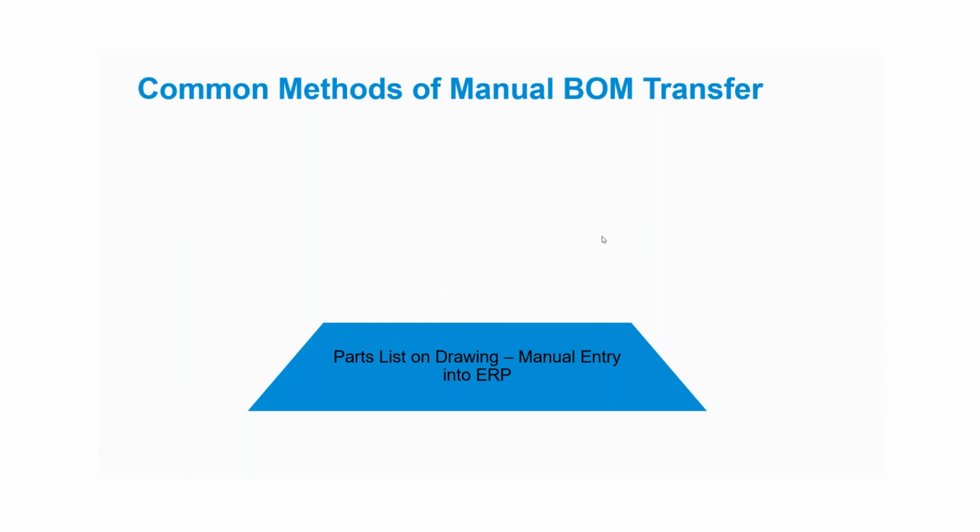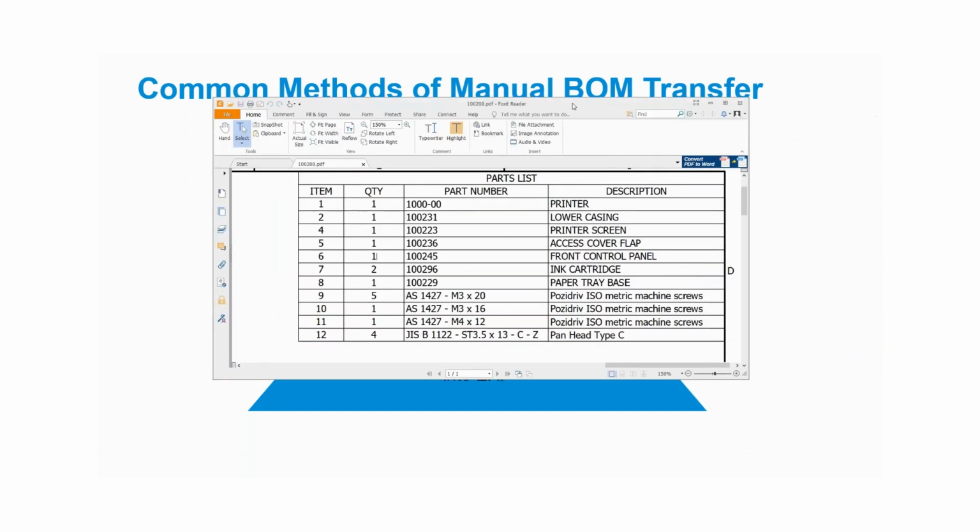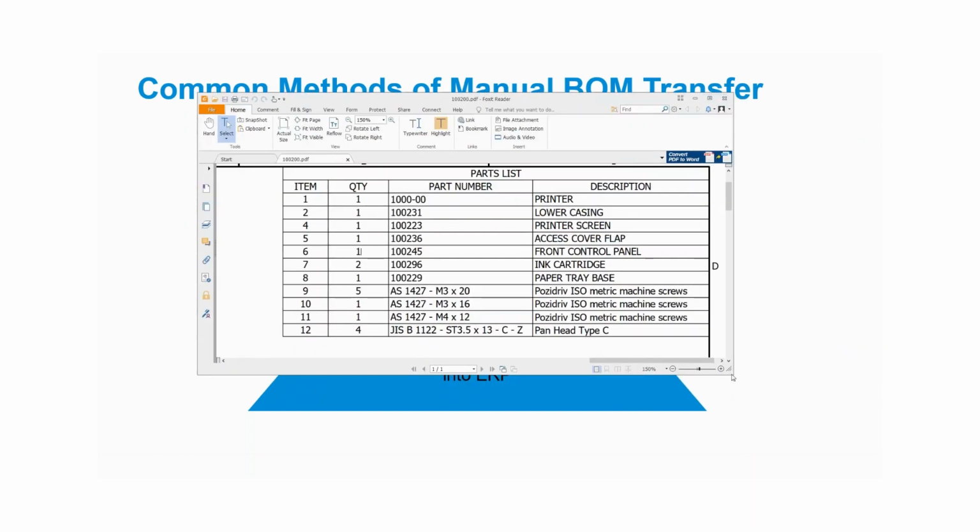So, manual methods of BOM transfer. I would say 5 to 10 years ago, this was by far the most common. I think it's getting less and less common today, but I think a lot of people still do it: you produce a drawing, there's a parts list on that drawing, and then someone goes through the parts list and types stuff into your ERP system, right?